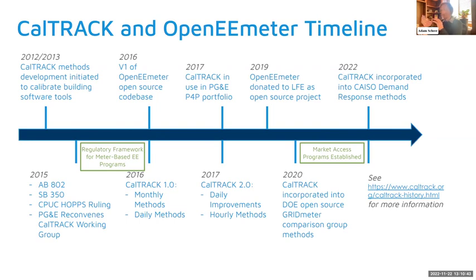Now, this got started all the way back in 2012, 2013. The CPUC issued a decision that directed some work be put into meter-based modeling in order to help calibrate building models that were being developed through various software tools.